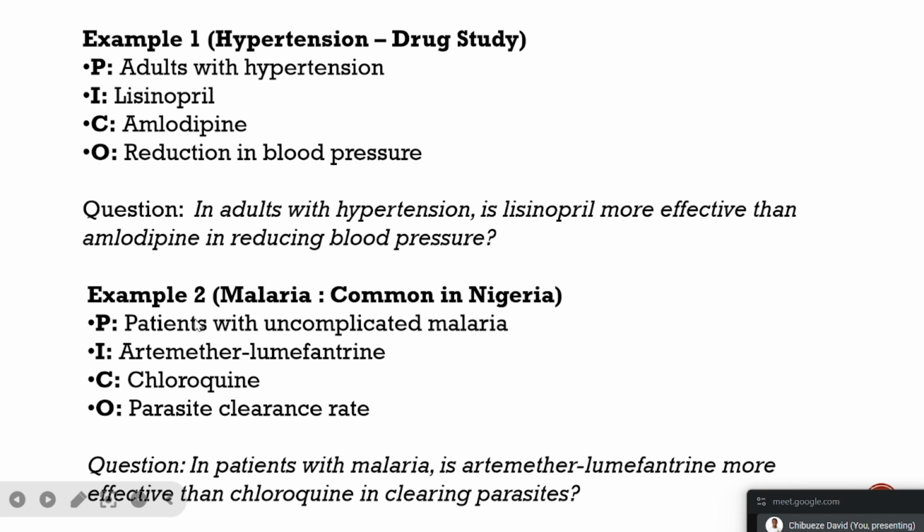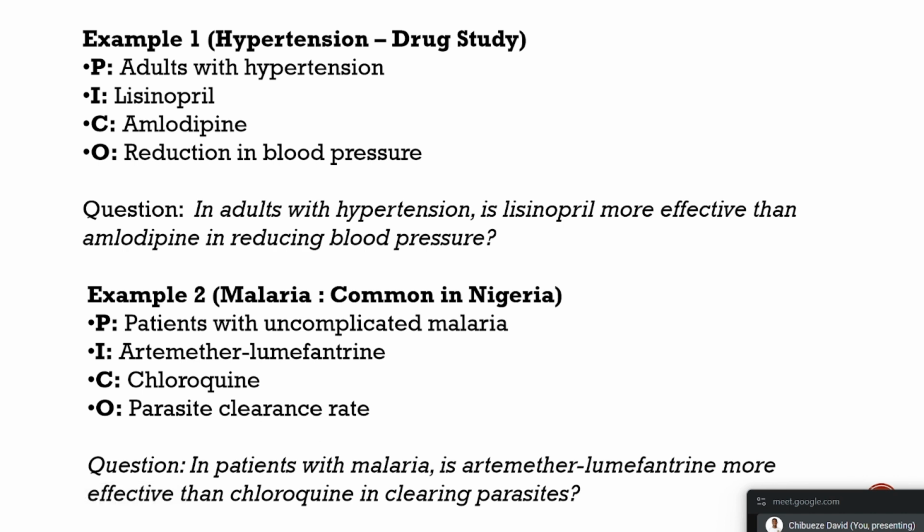The population, of course, is patients with uncomplicated malaria. The intervention, the drug being tested, is artemether slash lumefantrine. The comparison group is chloroquine, while the outcome is parasite clearance rates.